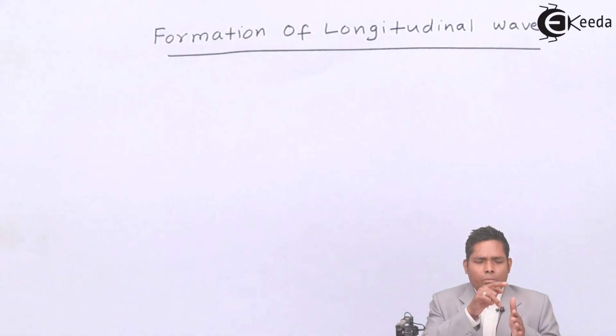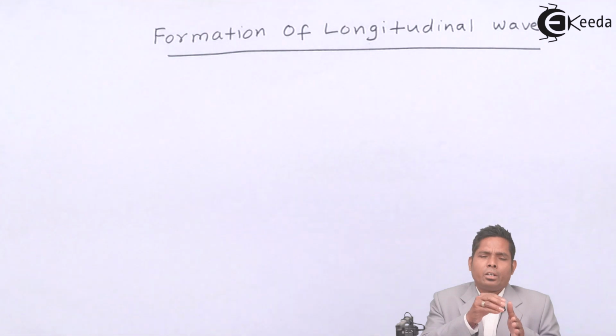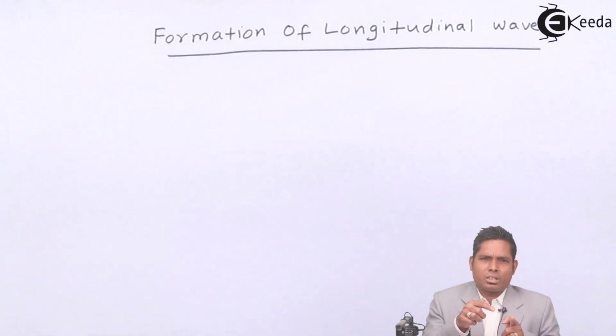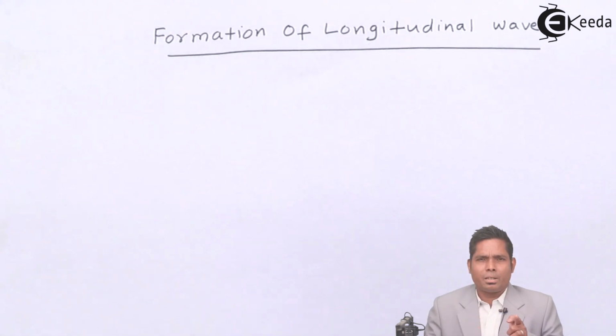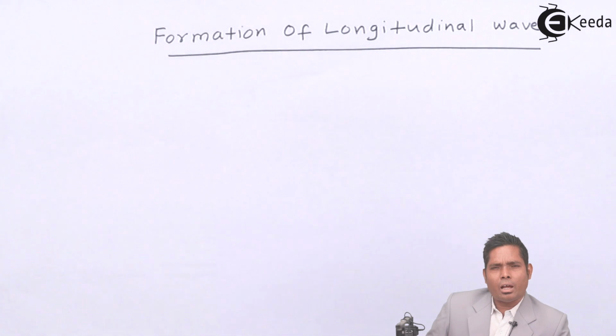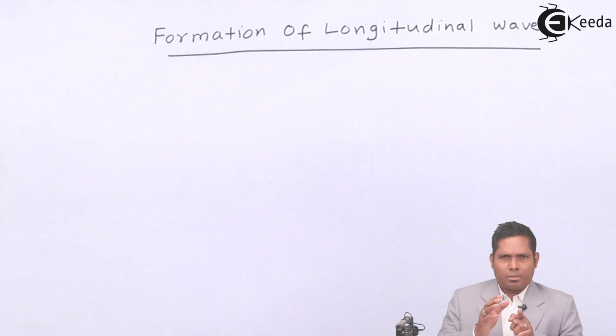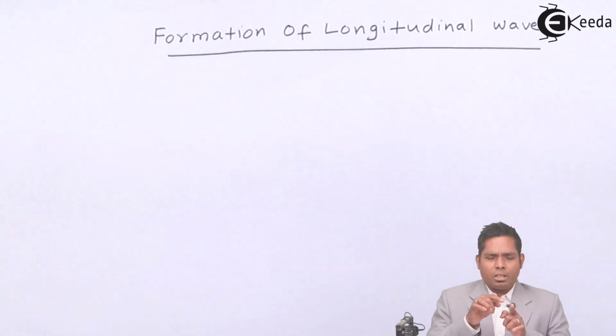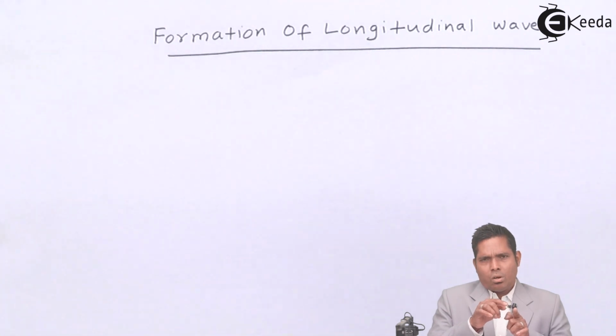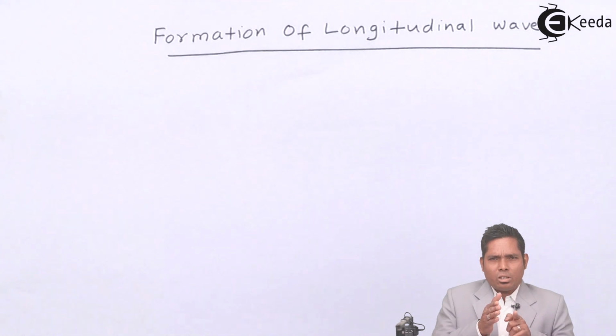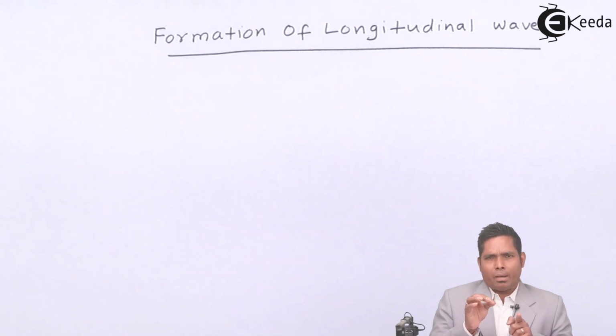When the disturbance starts from the first particle, in steps we will not consider one complete oscillation in one shot. If the total time taken is capital T, the time period of oscillation, I will take T upon 8. I will divide the time into 8 equal parts. So in T upon 8, how far does it go? Obviously it goes to the amplitude position, the extreme right position, in time T by 4.